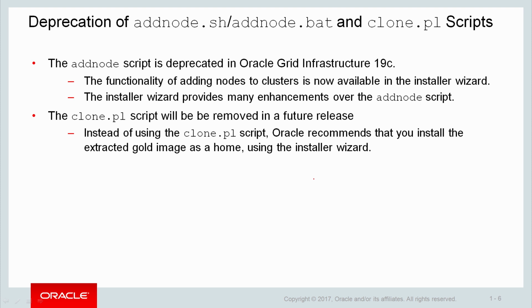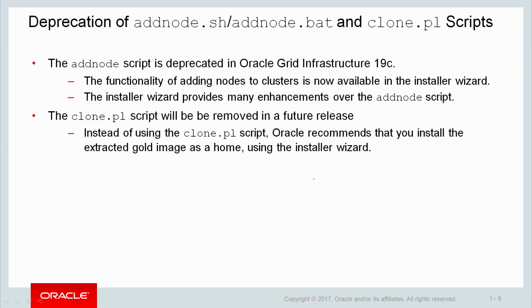So in 12CR2 for grid infrastructure and in 18C for database software, we introduced the concept of an image-based installation rather than having to install the software. This makes creating your own images, your own gold images, much easier.